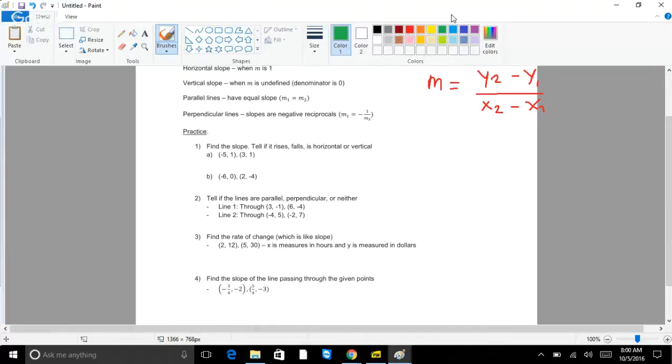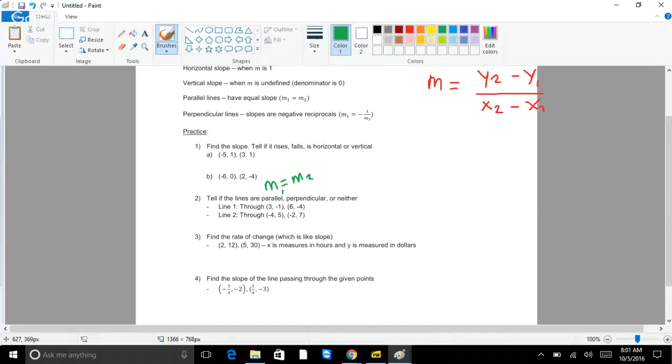One of the things that we talked about on Monday was that we can tell if lines are parallel or perpendicular based off of just the measurement of their slope. So if you'll recall, lines are parallel if they have the same slope. So the slope of the first line equals the slope of the second line.